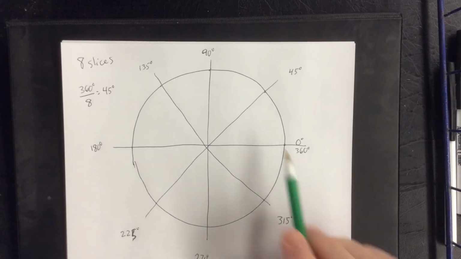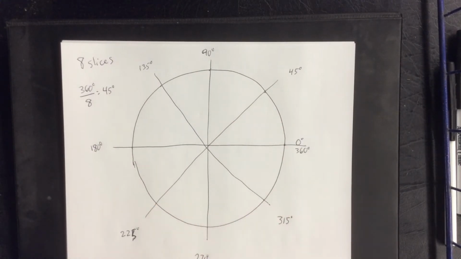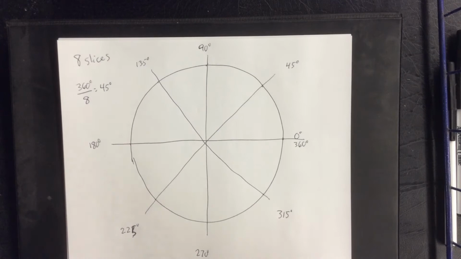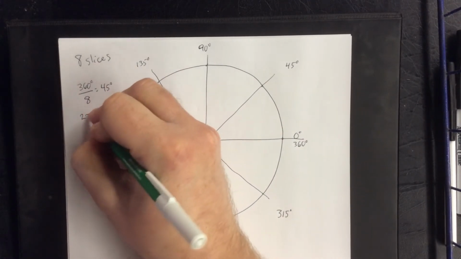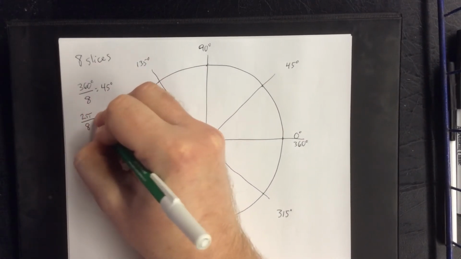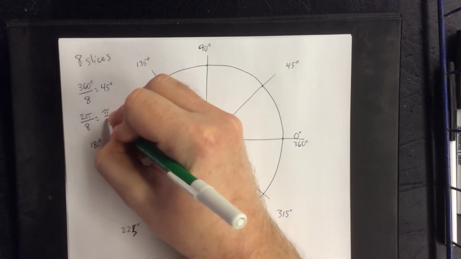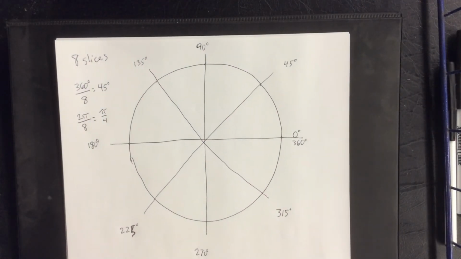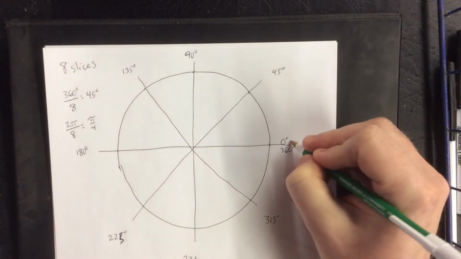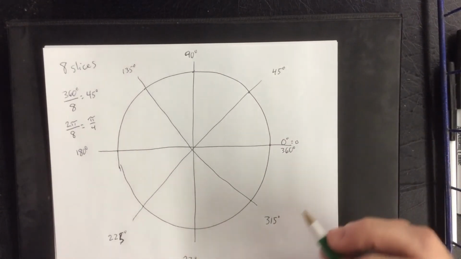You'll notice that we repeated all of the quadrantal angles in here. That is not only expected, but it is encouraged. So we could also do 2 pi in radians divided by 8, letting us know that we're going up by pi over 4 at a time. So starting at 0 radians, we're going to go up by pi over 4.